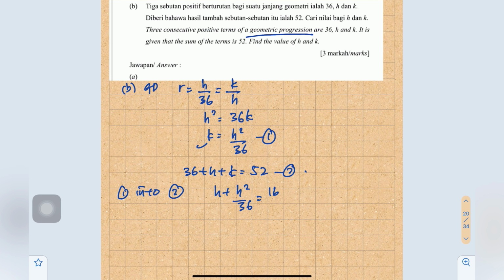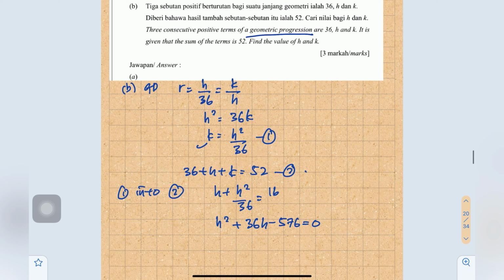This is a quadratic equation but not in general form, so we need to make it general. So we multiply by 36. Then we will get H squared plus 36H minus 576 equals 0. Okay, now it is a quadratic in general form.